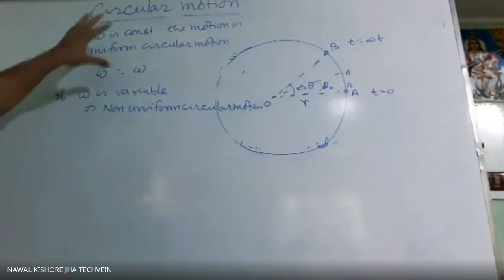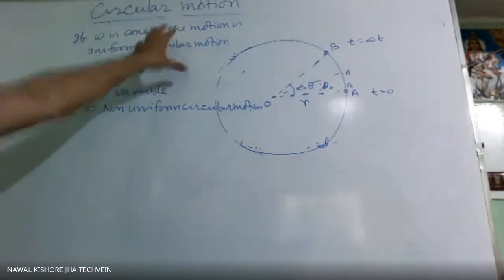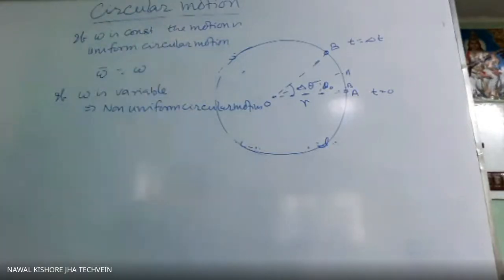So we will discuss, mainly we have to consider this one, but for this also we'll do the relation. We'll find the relation or how to solve the problem of this situation.